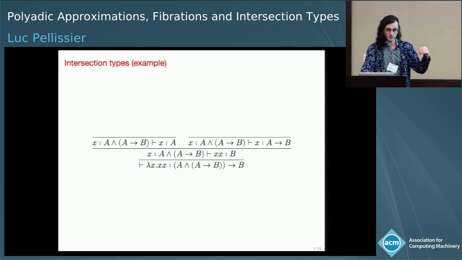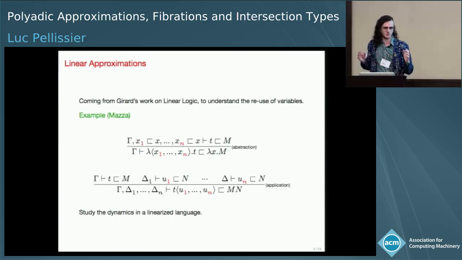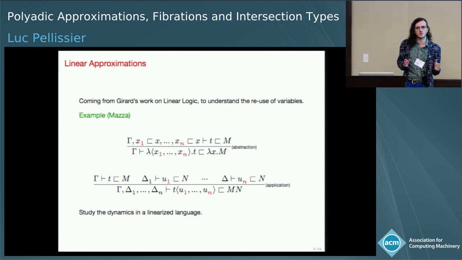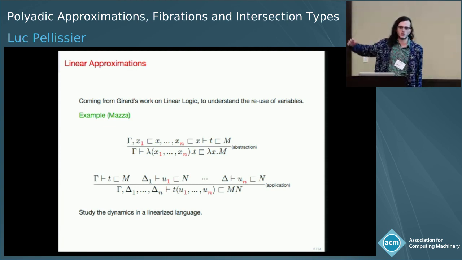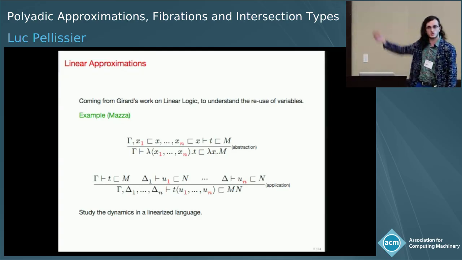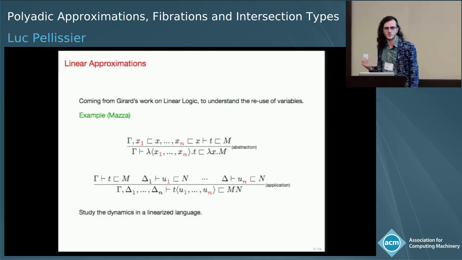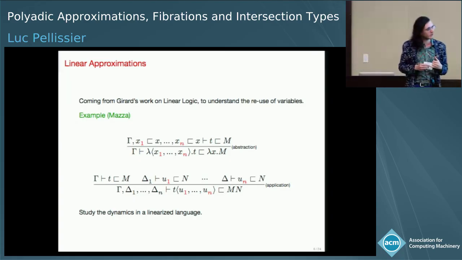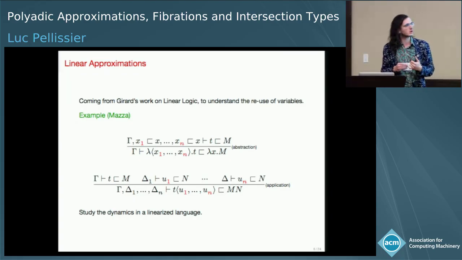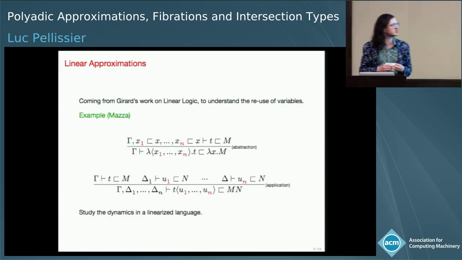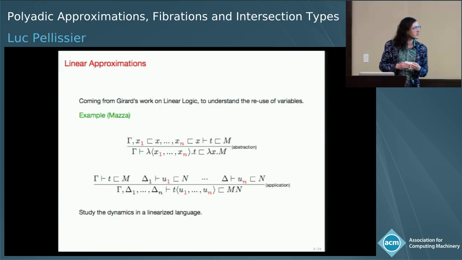On the other hand, we have linear approximations. Linear approximations come from Jean-Yves Girard's work on linear logic, and they allow us to understand the reuse of variables. They gained scope with differential linear logic in 2006, I believe, by Ehrhard and Regnier.